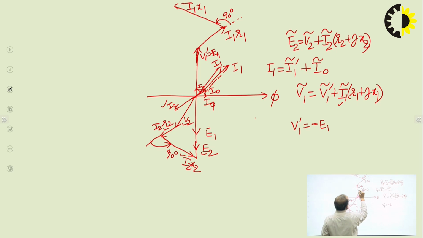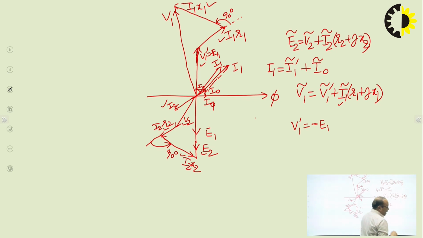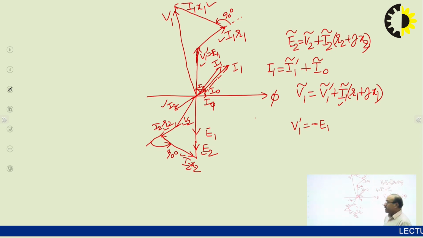Now the phasor sum of V1 dash, I1R1 and I1X1 gives us the primary side applied supply voltage V1. That completes the phasor diagram of a transformer at load condition: V1 is the phasor sum of V1 dash, I1R1 and I1X1. That's how we can draw the phasor diagram of a transformer at load condition.